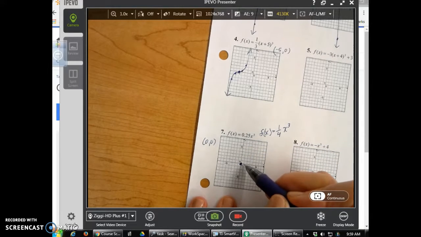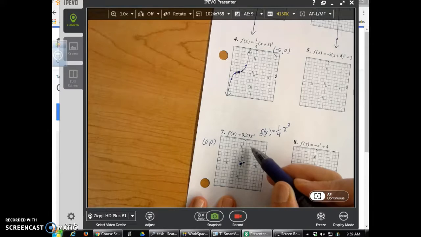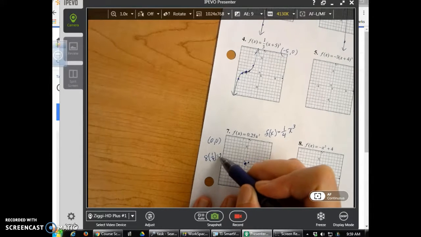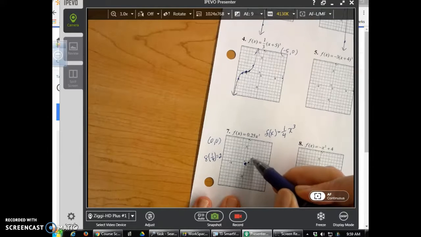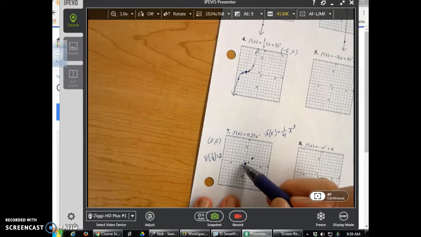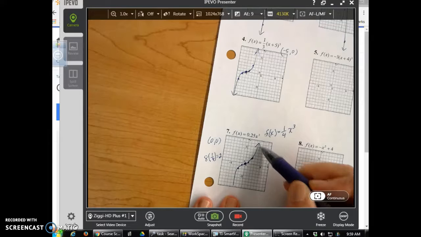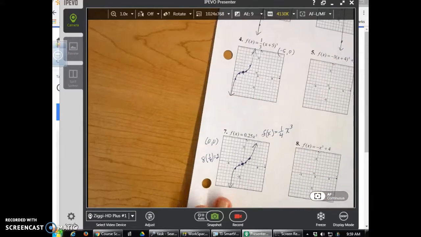And when I go 1 to the right, I normally go up 1. I'm going up 1/4 of that. When I go 2 to the right, I normally go up by 8. But I'm going to say 8 times 1/4, which is 2. So I'm now only going to go up by 2. So 1 to the left, down 1/4, 2 to the left, down 2. And I'm just using symmetry for that. And this has been compressed by a factor of 1/4.